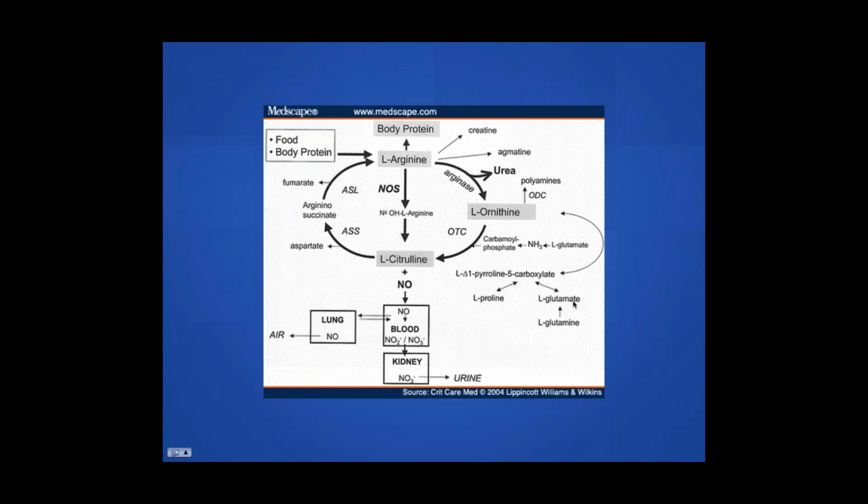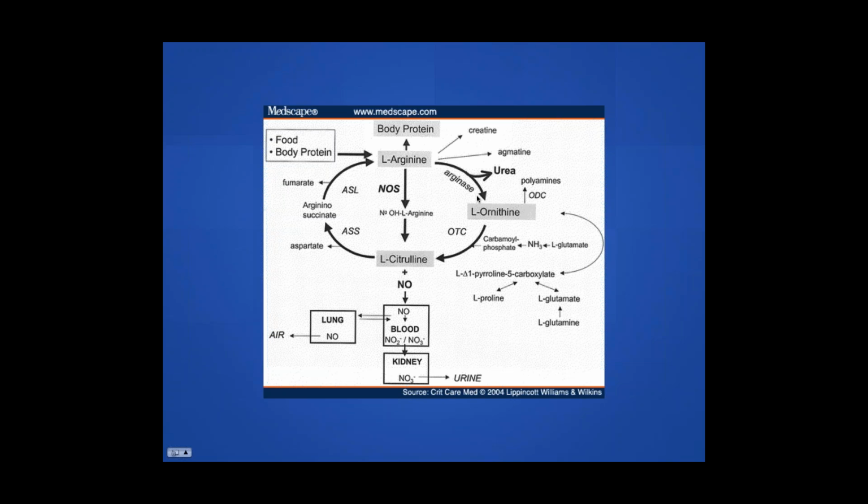Here's a breakdown of the nitric oxide pathway, looking at where nitric oxide comes from. Starting on the left-hand side, food and body proteins create arginine, which goes down this pathway through L-ornithine. In the process we can create creatine, agmatine, and urea, which is a waste product.